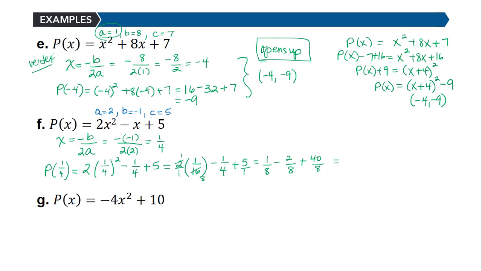So we really have 1/8 minus 2/8 is negative 1/8 plus 40/8 is 39 divided by 8. So the vertex is 1/4, 39/8. And because a is 2, it is positive, the graph will open up.